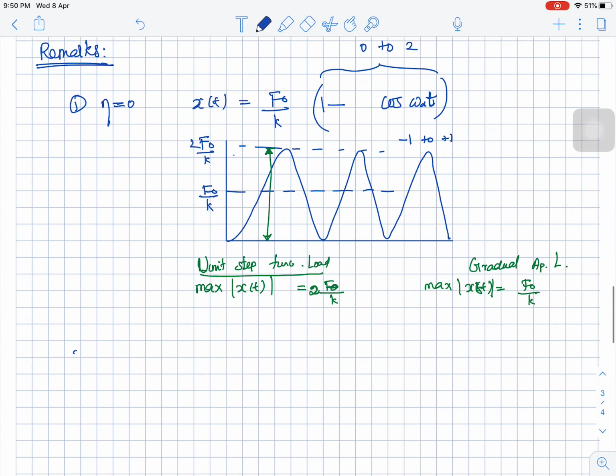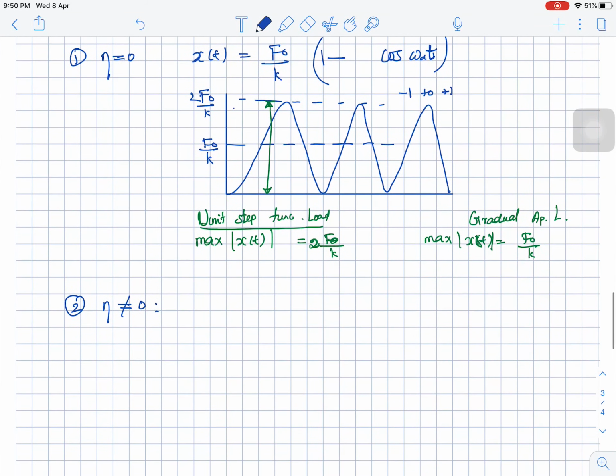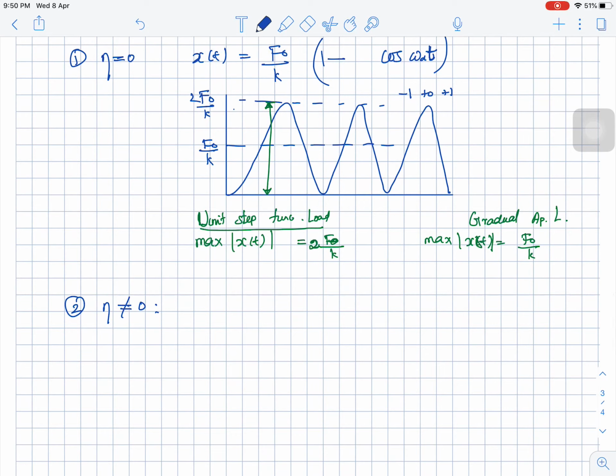So then we include the damping. So damping is not 0, that means it cannot be negative, so it will be positive. So when it is not equal to 0, then the response graph will be, so this is f naught by k, this is 2 f naught by k.